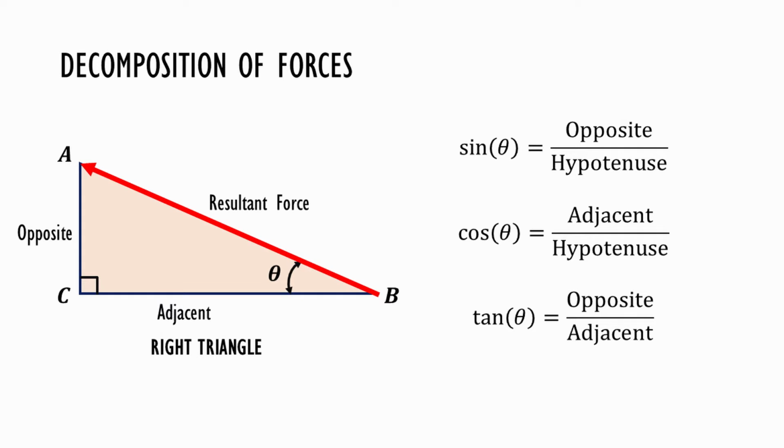In decomposition of forces, the resultant force is analogous to the hypotenuse in a right triangle. Its x and y components of force are analogous to the other two sides. Most of the time, sine and cosine are good enough to handle all different cases.